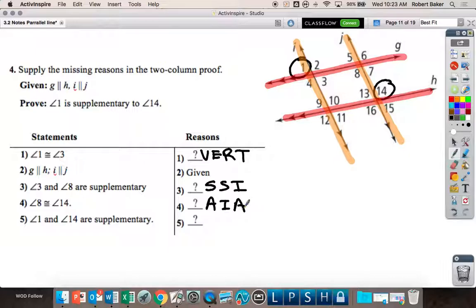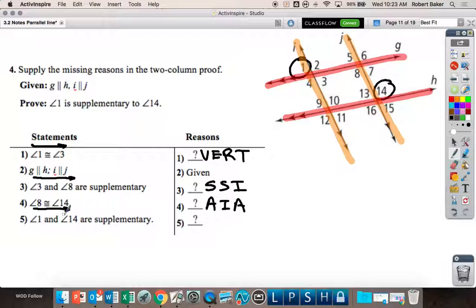And then here's where I'm going to swoop in and save the day. Then it says mathematically that angle 1 and angle 14 are supplementary. Because angle 1 is equal to angle 3, and angle 3 and angle 8 are supplementary, and angle 8 is equal to angle 14.